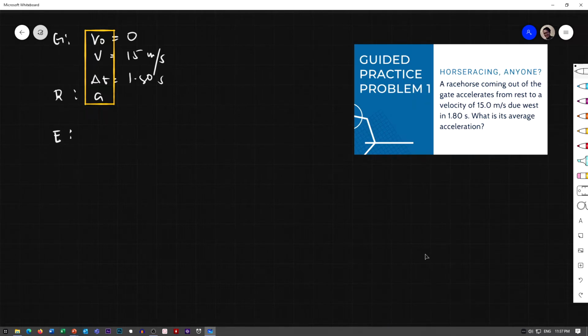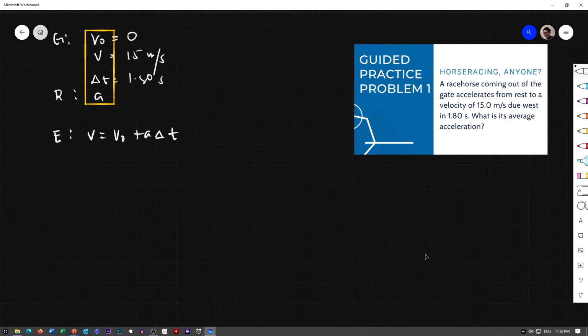So I'm going to write it. You have v equals v sub 0 plus a delta t. You can check, right? You have v sub 0, you have a, and then you have delta t. So it checks out. And then the next thing is up to you at this point. For me, I prefer rearranging the variables first so that all of the given will be on one side and the required on the other side.